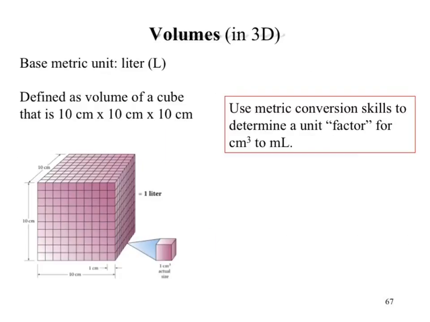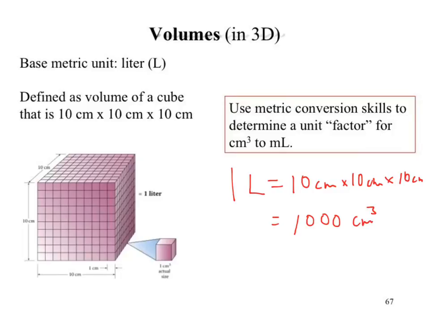How do you convert liters into a distance measurement? We said 1 liter was defined as what? 10 centimeters by 10 centimeters by 10 centimeters. What does that equal? 1,000 centimeters cubed.